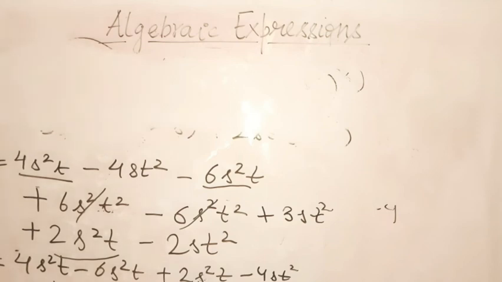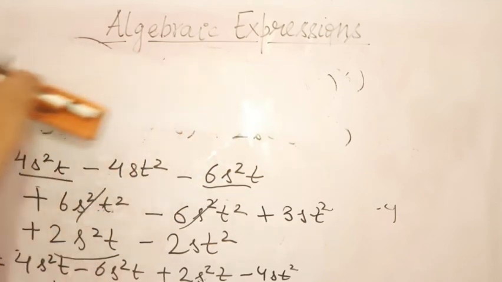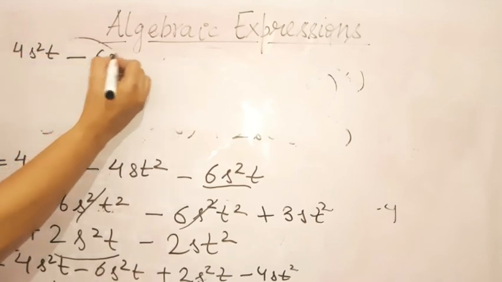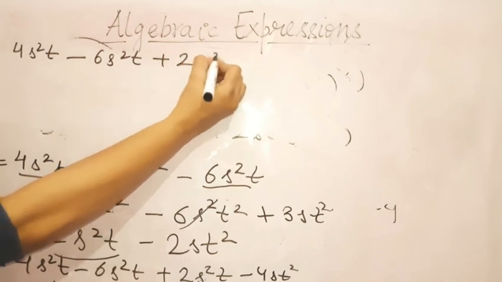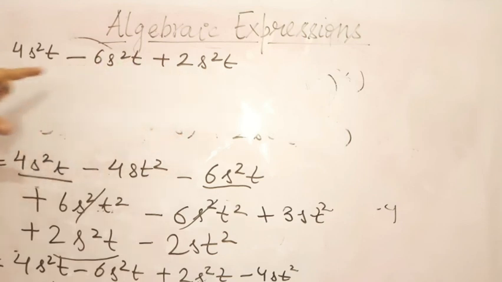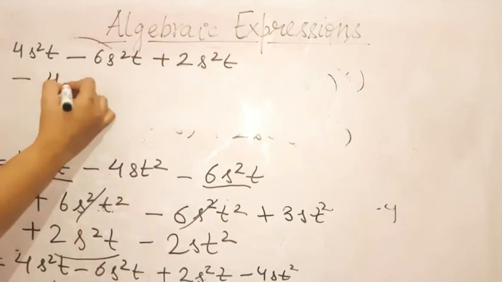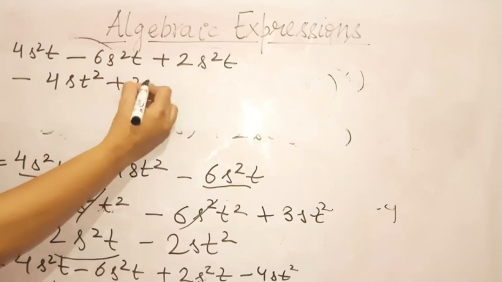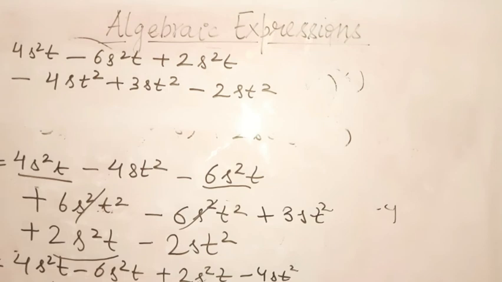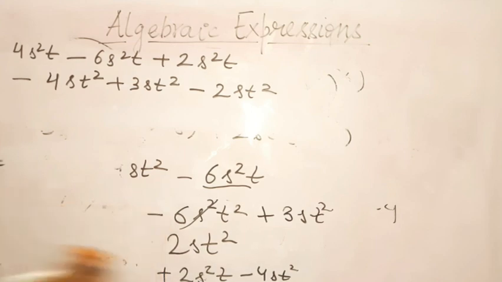In the last step I am collecting all the like terms together: 4s²t minus 6s²t plus 2s²t. s²t was the literal factor, so these terms had the same literal factor. That is why I have written all of them together. Now moving on to the next literal factor, st²: minus 4st² plus 3st² minus 2st². Now I hope it is clear to you. Now let me rub this and write down the next step.